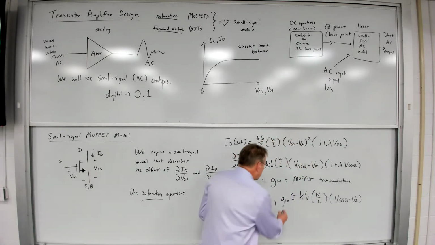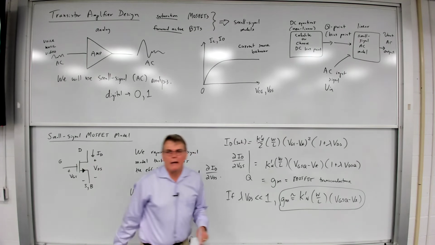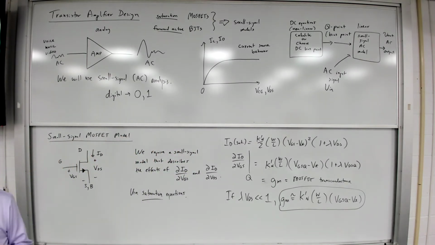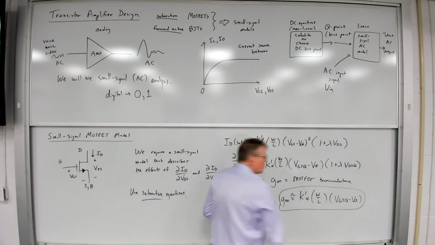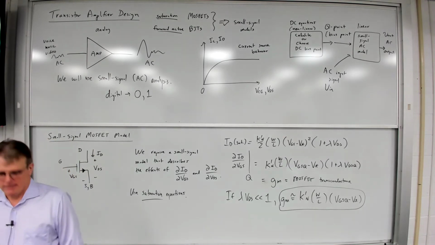Just as I did before, I'm ignoring that lambda because it's small compared to 1. It only causes a few percent error, and it makes my math a little bit easier. Here's our equation for transconductance, and we're going to see how we're going to use that in just a minute.